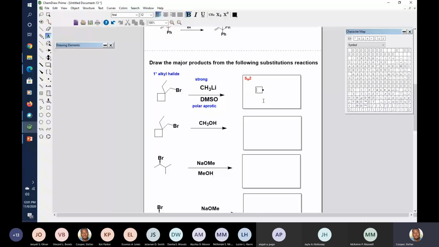So my product is just going to have my nucleophile coming in from the back. My answer here is going to be this right here.